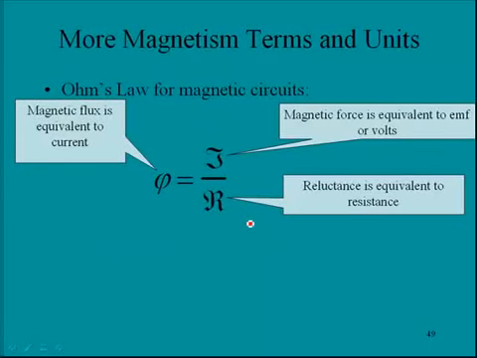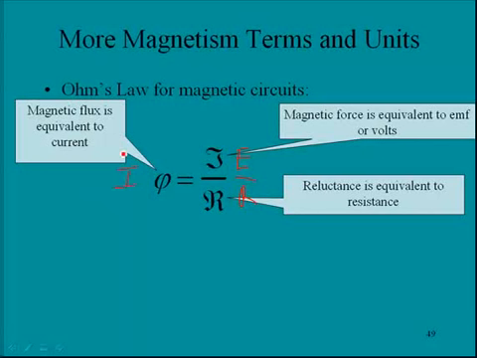Okay, more magnetism terms and units. Ohm's law for magnetic circuits, and this is kind of an interesting way to look at it. Remember that the magnetic force is equivalent to EMF or volts, so this would be equivalent to E. Reluctance is equivalent to resistance, so that would be R. And magnetic flux is equivalent to current.